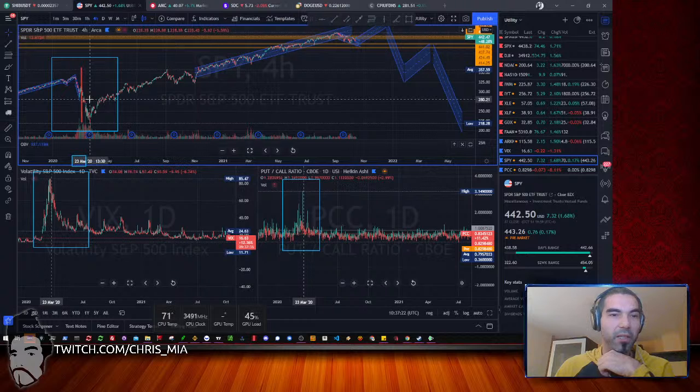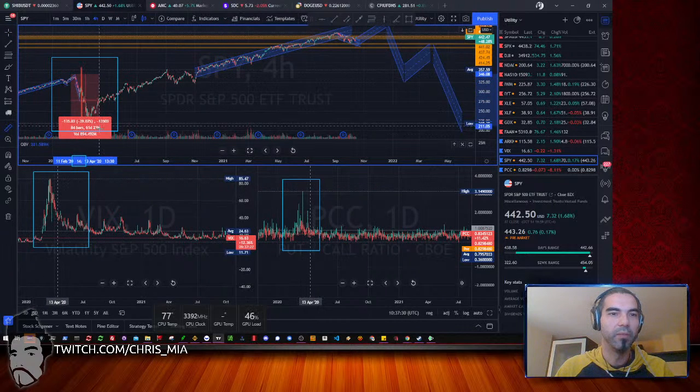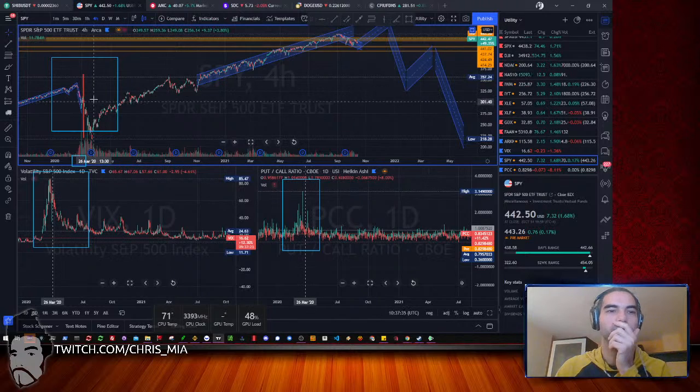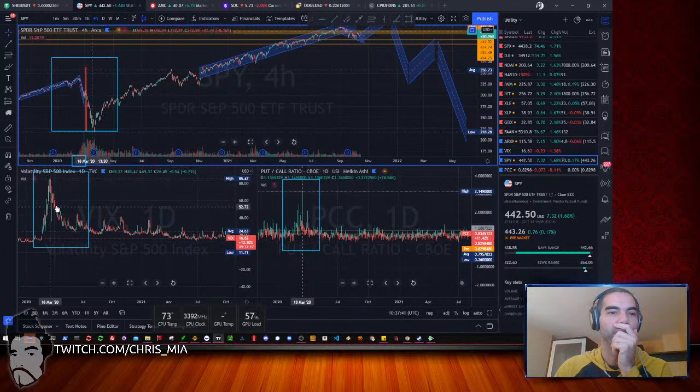So the very bottom of our correction, we can call it, pretty large correction. What was it, a 50% correction? About a 40 something percent correction. Matches with our put to call here. So the bottom is essentially near where our put to call ratio, which I'll explain also.